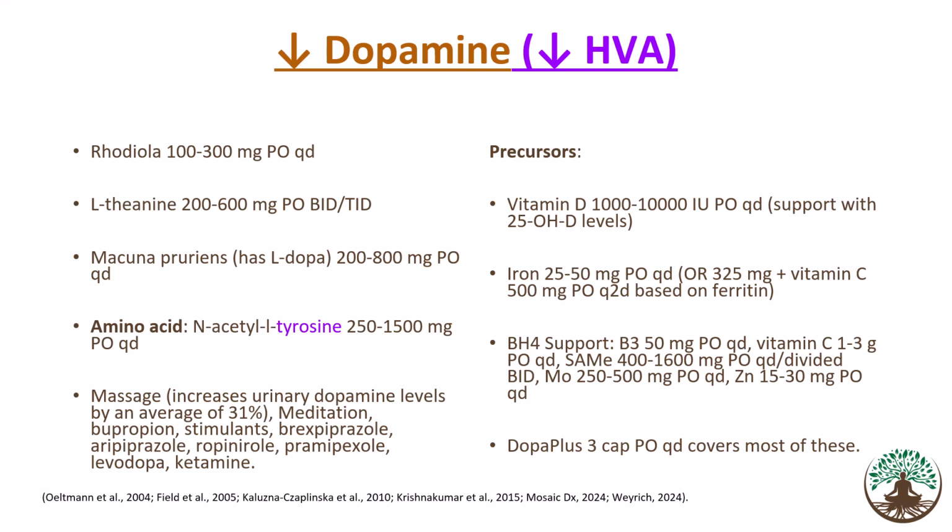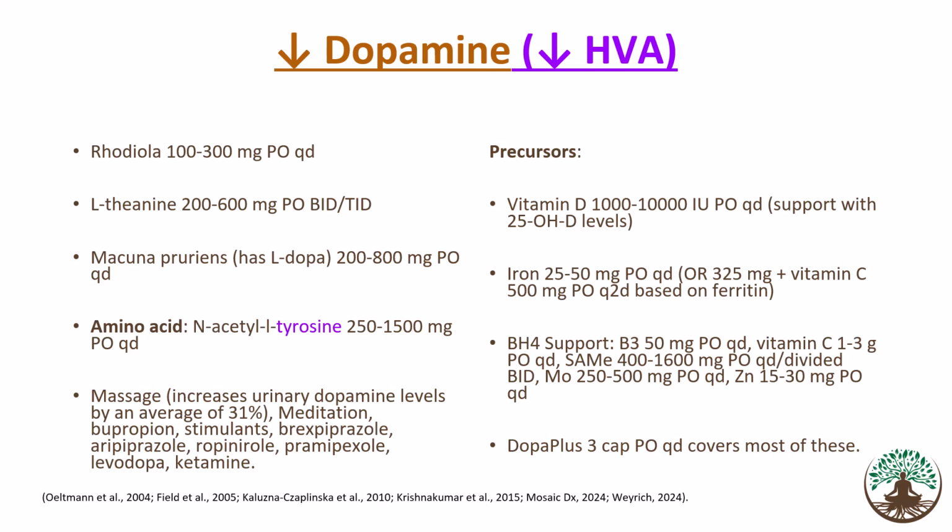Recall that I mentioned for low neurotransmitters, consider amino acids and precursor support. The amino acid required for the synthesis of dopamine is tyrosine, which can be supplemented in the form of N-acetyl-L-tyrosine. Note that tyrosine can be evaluated on organic acid testing, along with other proteins.